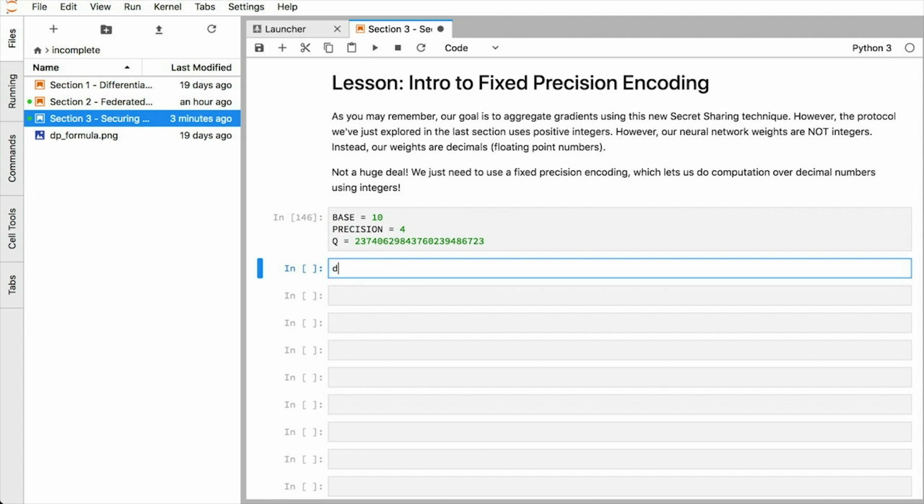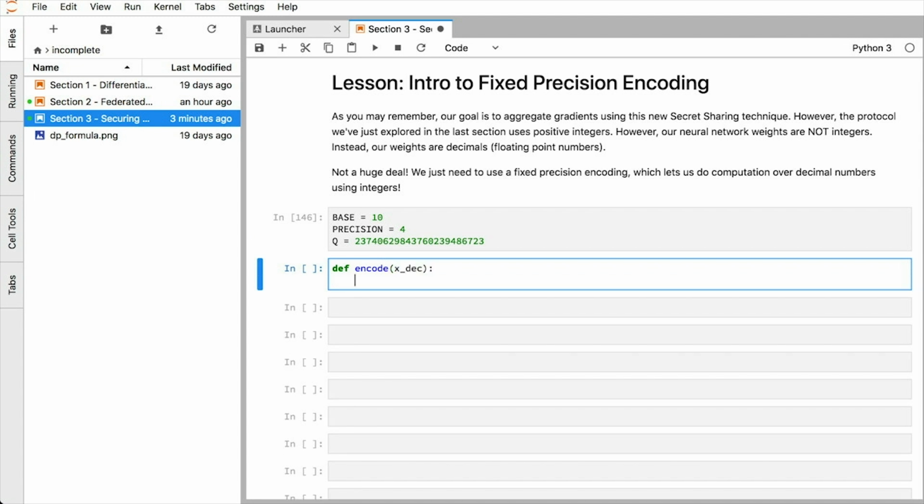The first thing we want to do is create an encode function. This is going to take our decimal number and convert it into an integer. It does this using a really simple technique. It literally just takes our input decimal and multiplies it by base to the power of precision. In this case, it multiplies it by the number 10,000, converts it to an integer, and then takes the modulus, so mod q.